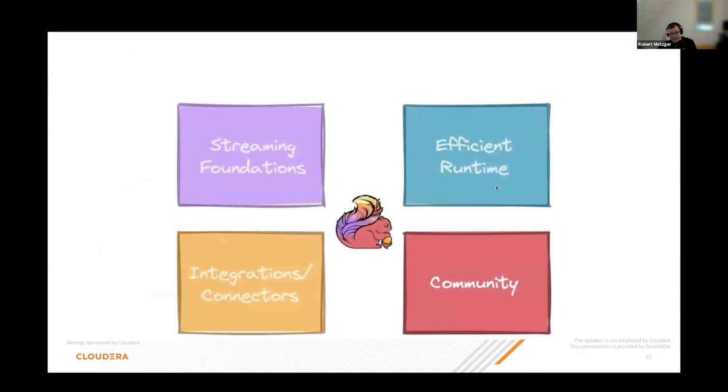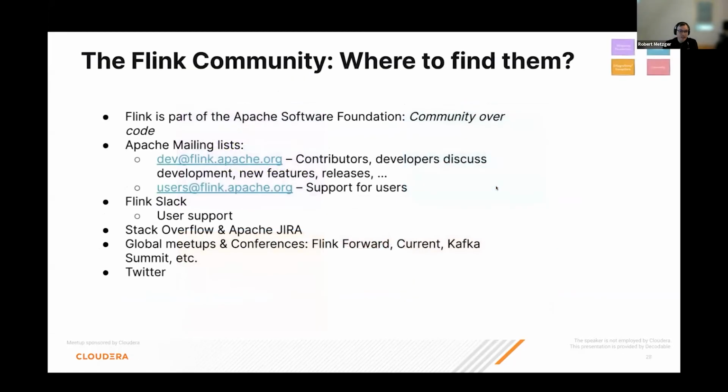So finally, let's talk about the Flink community. First of all, Flink is part of the Apache Software Foundation. And one of the mottos in Apache is community over code. So the ASF puts a lot of weight into community, and community is more important than just the code of the project.